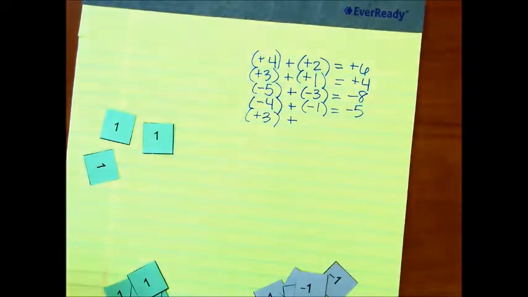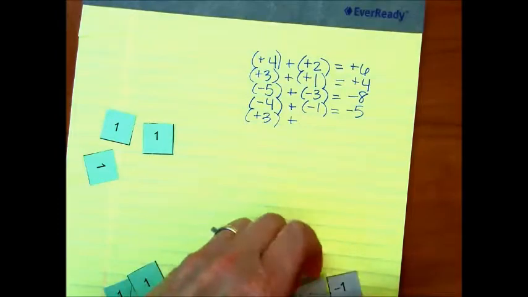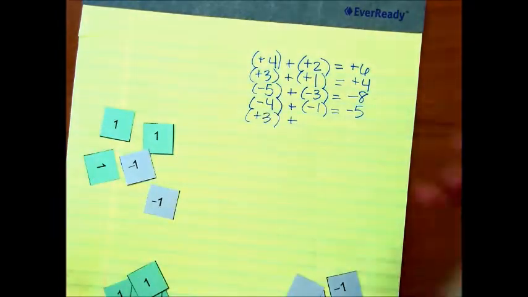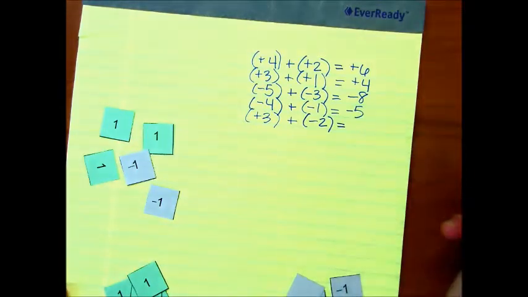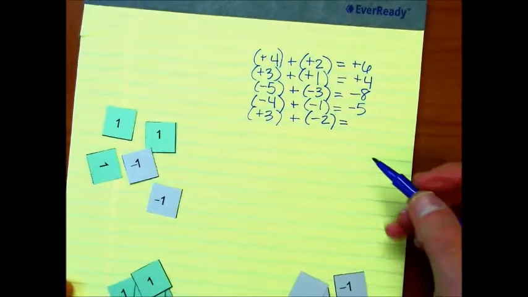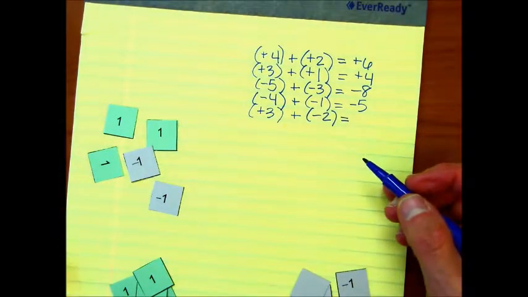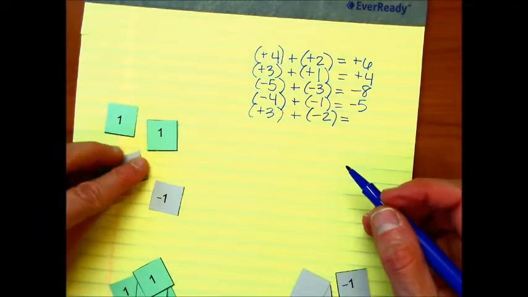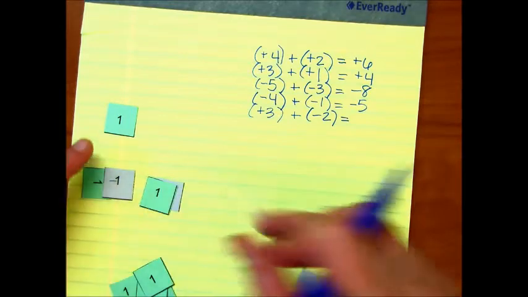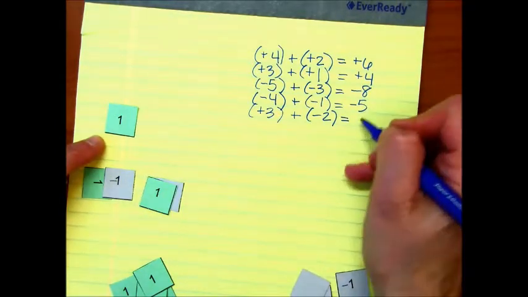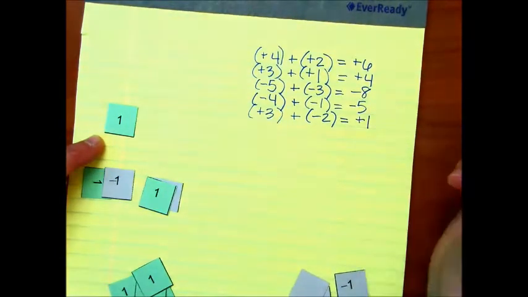And I want to add to that 2 negatives. I want to know what this group now represents. If you remember zero pairs, we can figure out we've got 2 zero pairs. What's left is 1. So we have a positive 1.